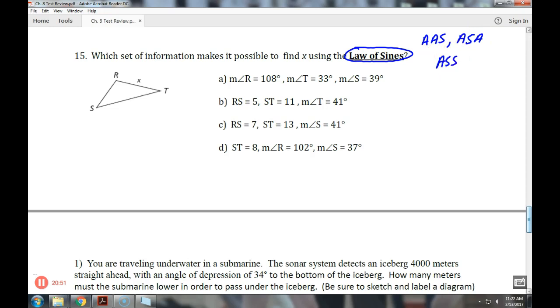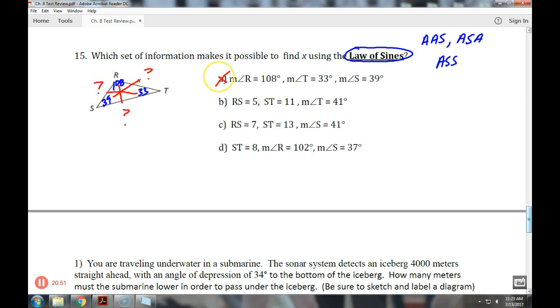Now, even if you don't want to remember that, just kind of jot down the information and see if it could work. So like number one, and I would write really lightly with my pencil, but if you had 108 degrees here, you had 33 degrees here, and you had 39 degrees here, I could not use the law of sines because I don't have any of the sides that I need. Okay, I'm missing all of these.